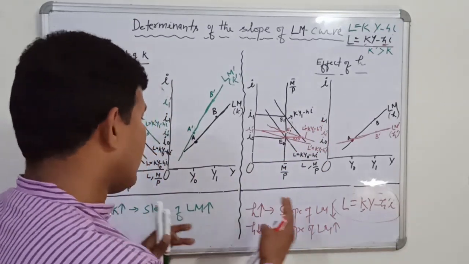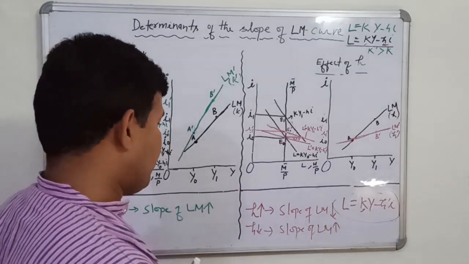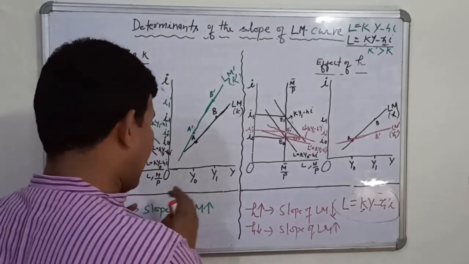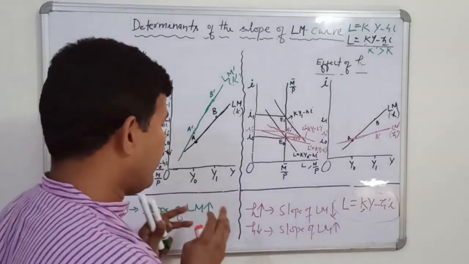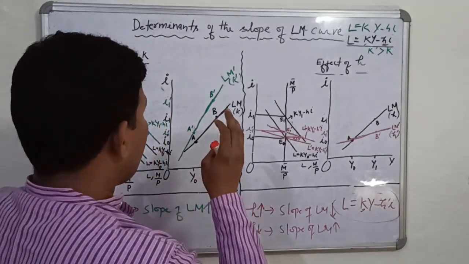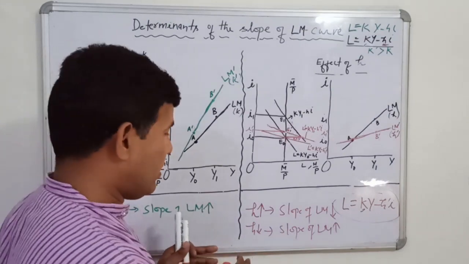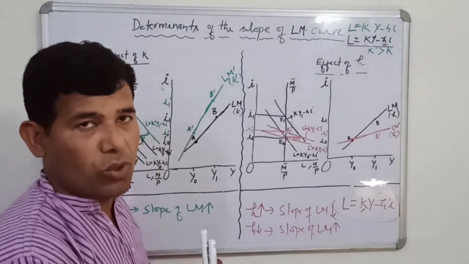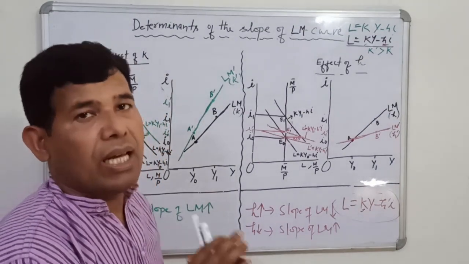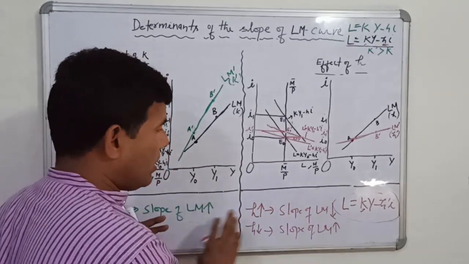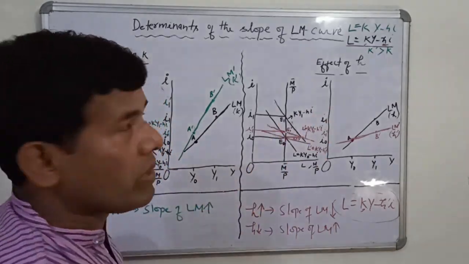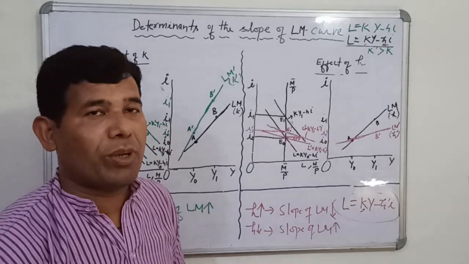So this is the relationship of K and H with respect to the slope of the LM curve. These K and H are the ultimate determinants of the slope of the LM curve, right? So this is what I had to discuss with respect to the determinants of the slope of the LM curve.